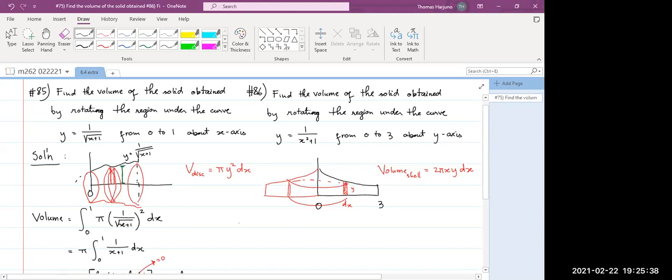Then the volume of the resulting solid will be the total volume of such shells, the integral from 0 to 3 of 2 pi x times 1 over x squared plus 1 dx.